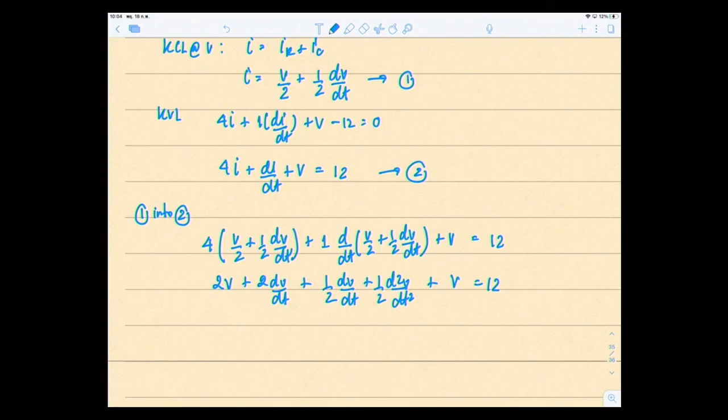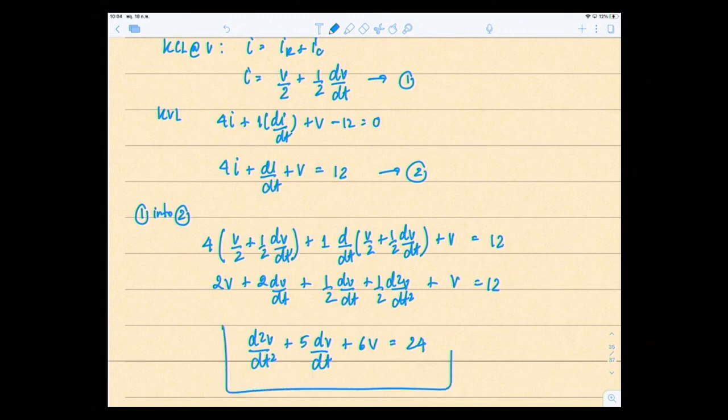So multiply everything by 2 and sum it all and rearrange it, then you will get d²V/dt² plus 5 dV/dt plus 6V equal to 24.